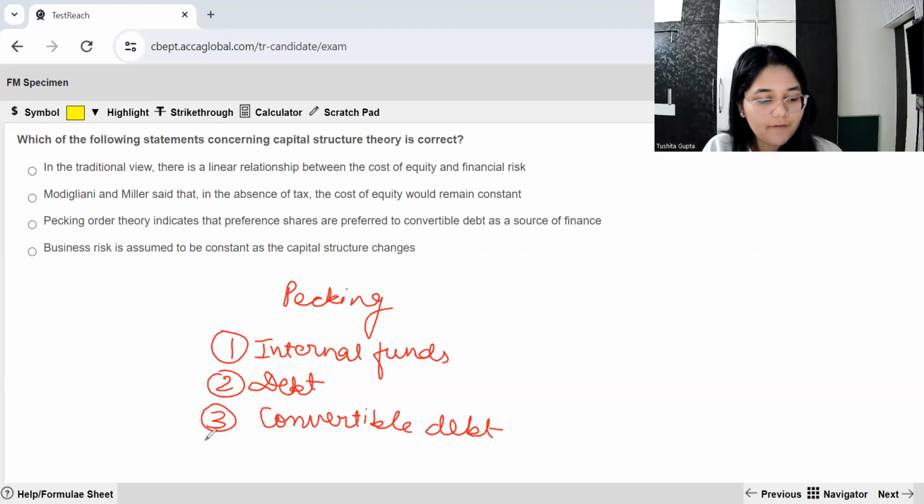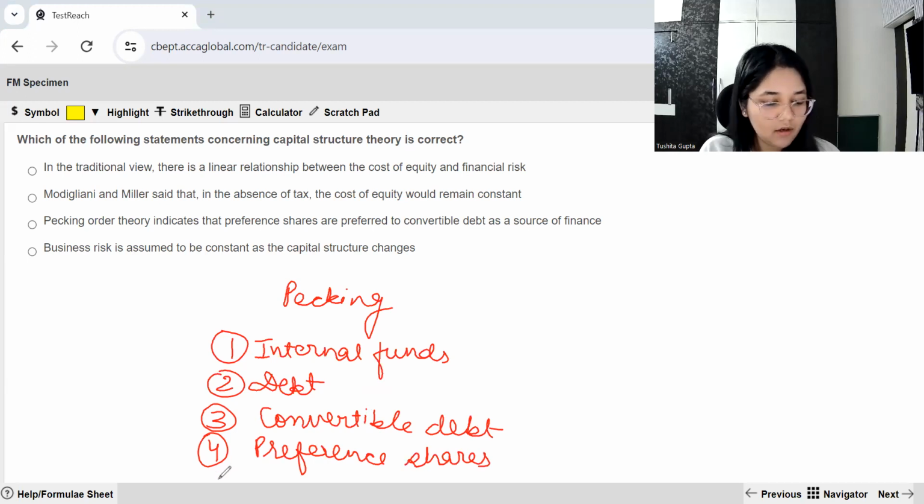Then fourth preference is using preference shares. And the last preference is using your new equity. So with this, we can know that preference shares are not preferred over debt. Debt is coming second and preference shares are coming fourth. So that is why the third statement is also wrong.